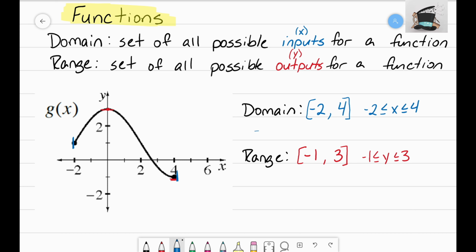And if it helps you, I always kind of draw out this little arrow going this way just to show that domain is really looking at how far left, how far right, what are the values in between. Same thing with my range. I'm looking at how high and how low my graph goes. And if it helps you, you can also draw out an arrow going this way to see that we're looking at how high and how low this graph can go.